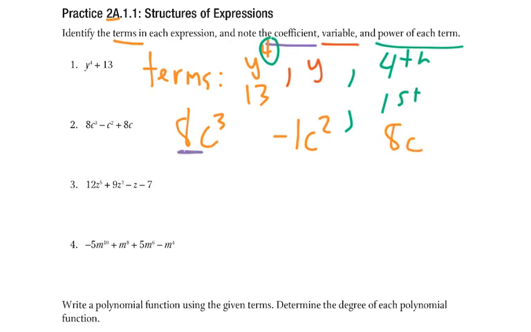So our coefficients would be 8, negative 1, and 8, because they're the numbers multiplied by it. Our variables, obviously, are c, 3 of them, and the powers would be to the third, squared, and to the first. If there's no power, we automatically assume it's to the first.